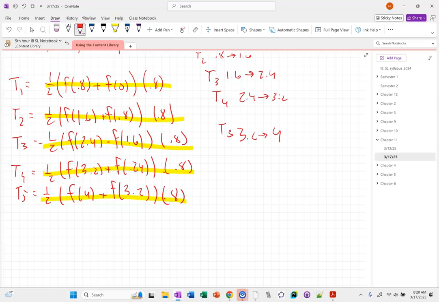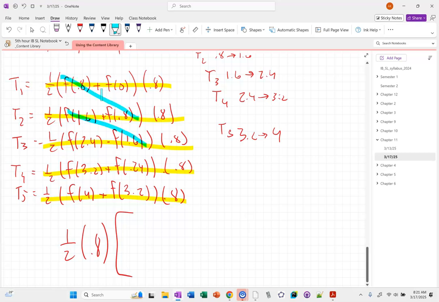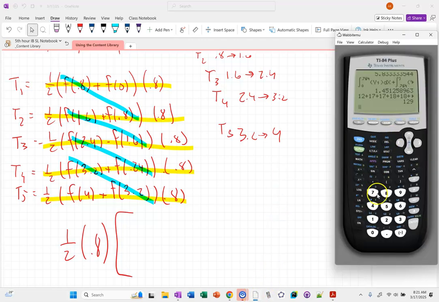You guys see that? Since I'm adding them all together, I'm just going to put it all out front. I also noticed that I have 2 0.8s, 2 1.6s, 2 2.4s, and 2 3.2s.